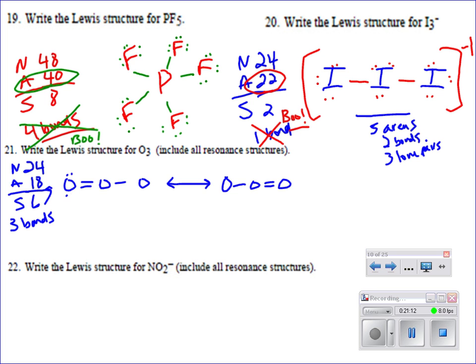So 2, 4, no, I have 12, excuse me, not 6. I have 12 electrons to place. 2, 4, 6, 8, 10, 12. 2, 4, 6, 8, 10, 12. And there are my 2 resonance structures for ozone. Any questions on this one?